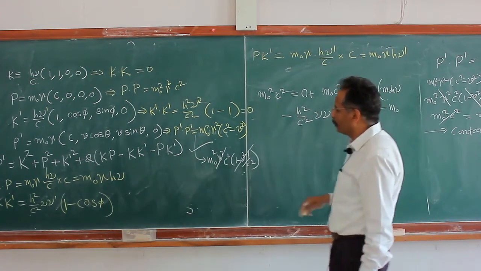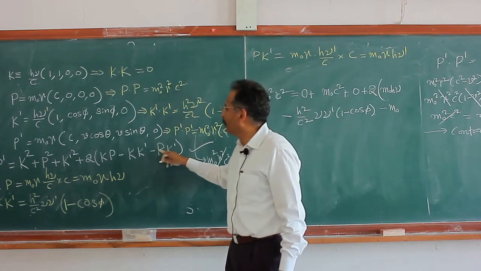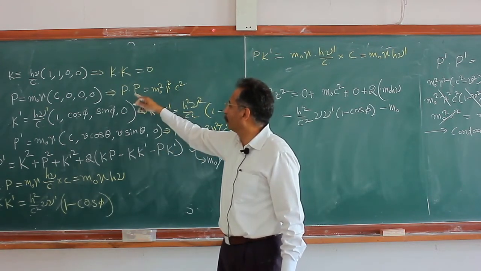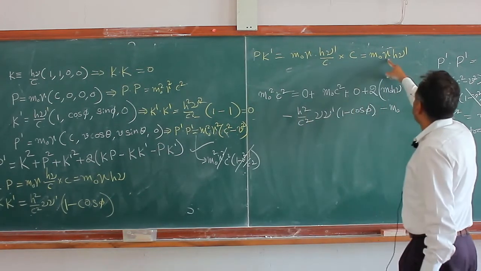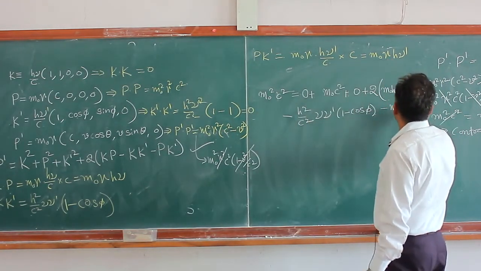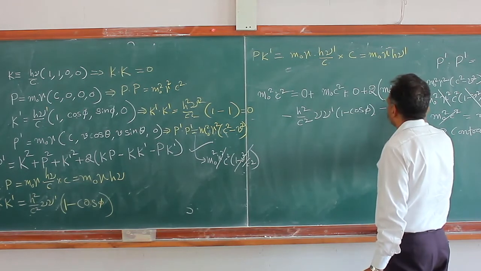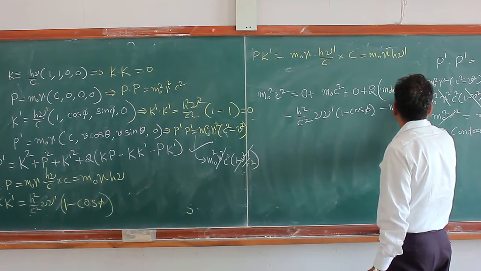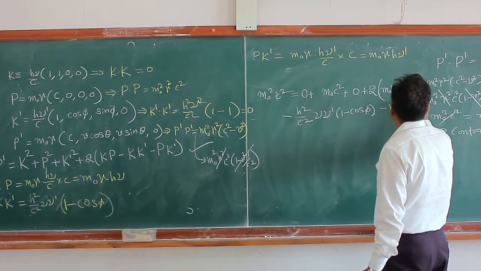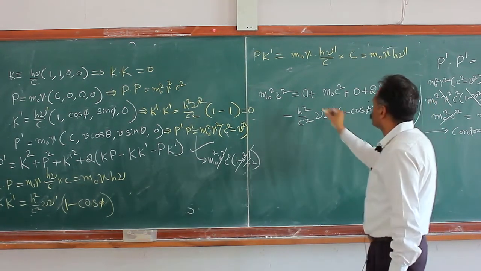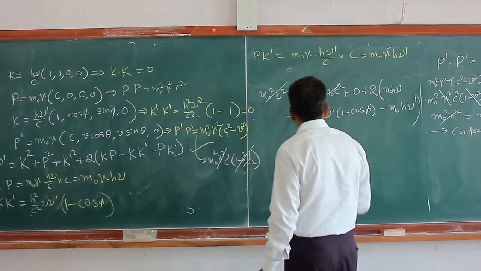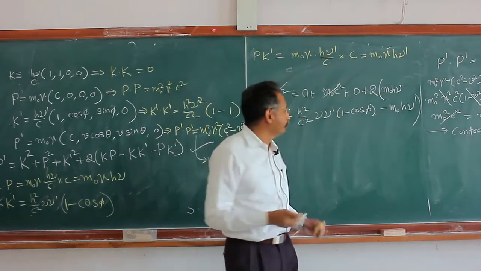Again p is involved, so gamma is replaced by unity. So m0 h nu dash is the only quantity left. So the bracket is complete, and you can cancel out these two terms.